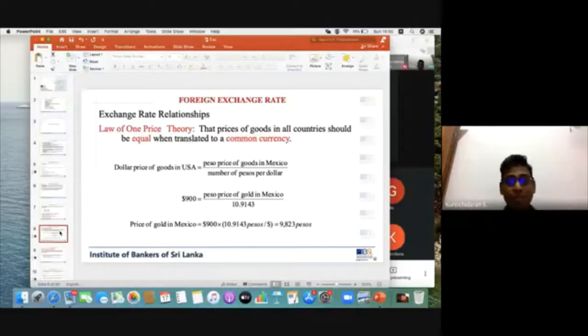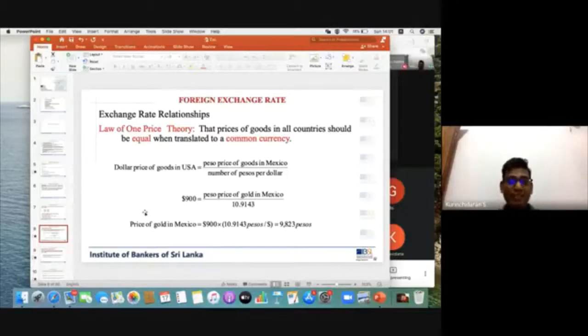So I assume the price of gold in Mexico should be 9,823 pesos. But there can be differences. The actual price in Mexico for gold may be different. That's a different story. The law of one price says if it is $900 in USA, then at the exchange rate of 10.9143, definitely in Mexico that gold should be sold at 9,823 pesos.